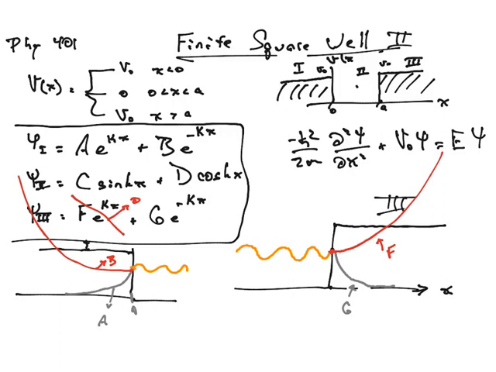Well, the a term satisfies that. The more we look to the left, the closer it gets to 0. We're perfectly fine. But the b term, as we get closer to negative infinity, this thing's blowing up to positive infinity. That's bad. We can't have an infinite probability out there. So again, that term goes to 0.